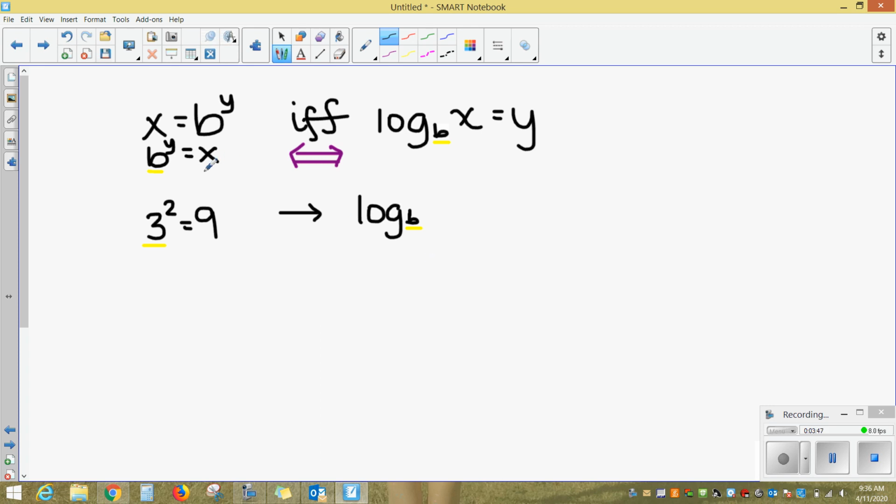My x is the stuff across the equal sign right here. It goes inside, so that would be my 9. And I'm saying b, but that's my 3. And then the exponent is this piece across on the other side. If I have the statement 3 squared equals 9, in logarithmic form I would write log base 3 of 9 equals 2.